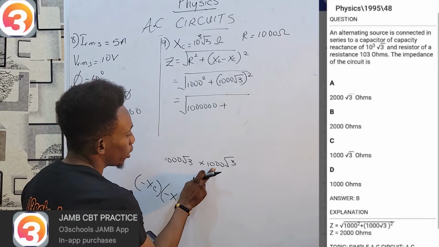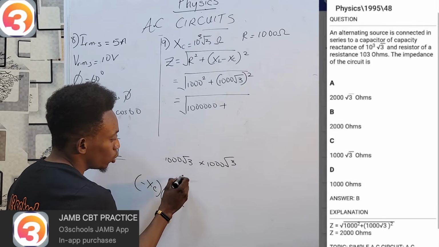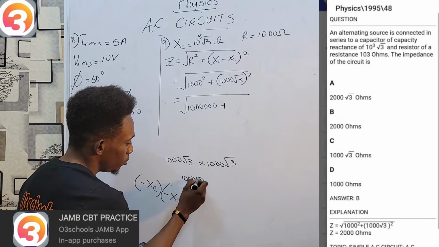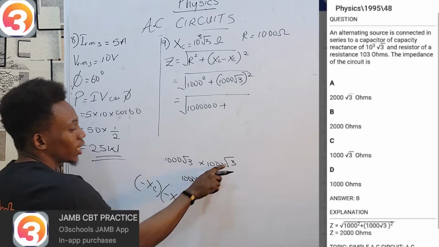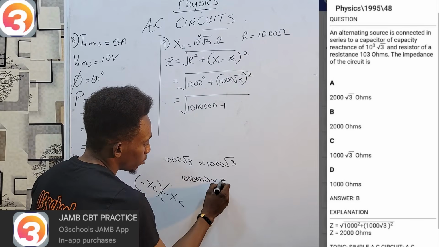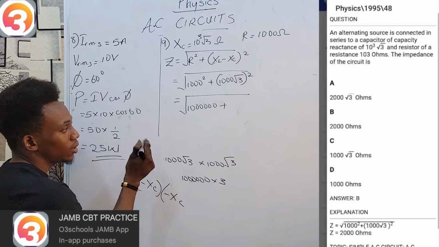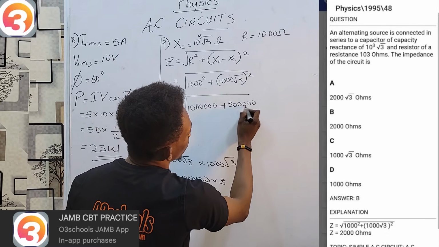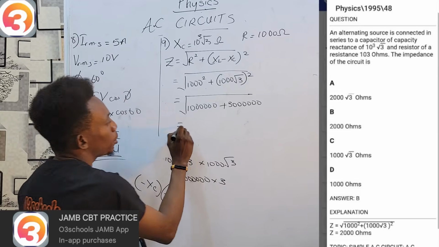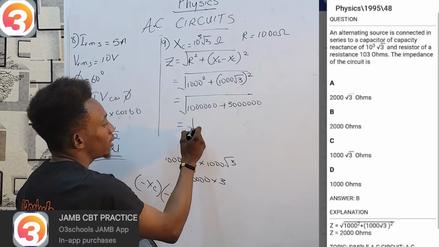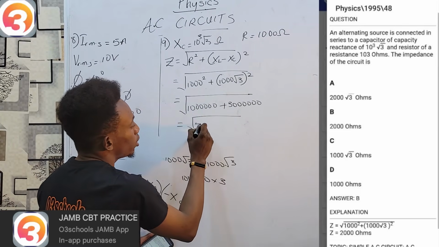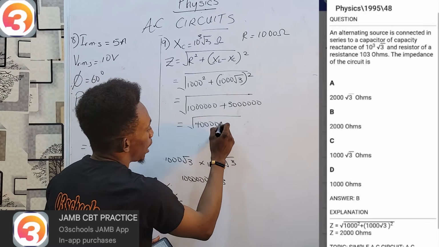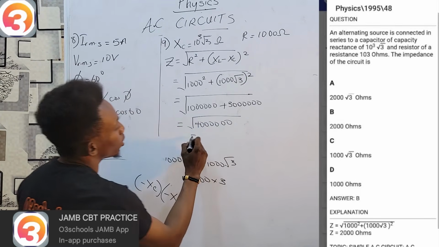So 1000 times 1000 is 1 million, just as above. And root 3 times root 3 is simply 3. So that will become 3 times this, which gives you 3 million. So that's 6 zeros. And because the number of zeros are the same, you can simply just add them and say 1 plus 3, 4. And that's 6 zeros as well.